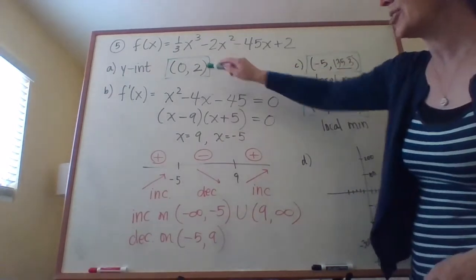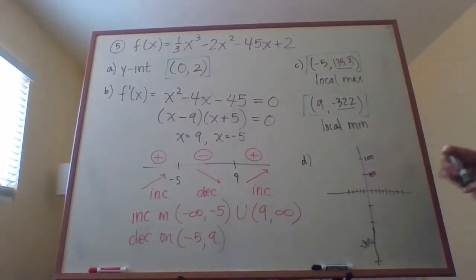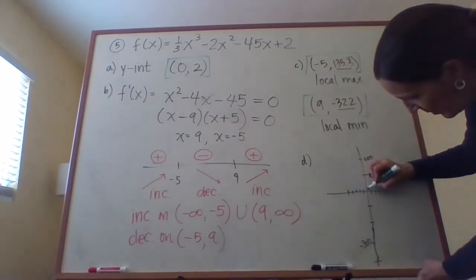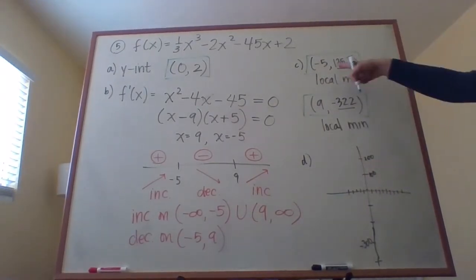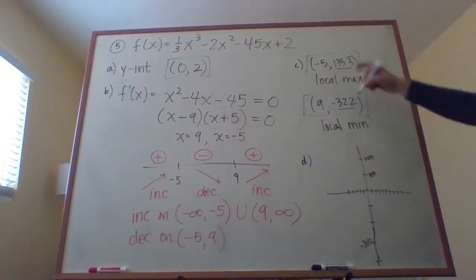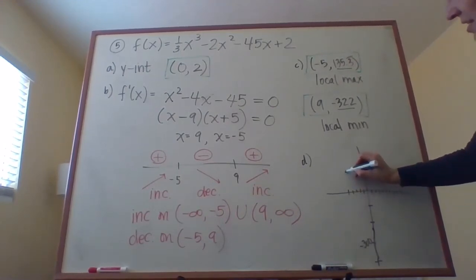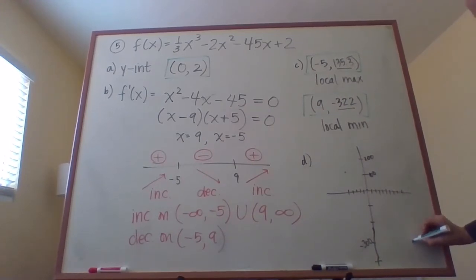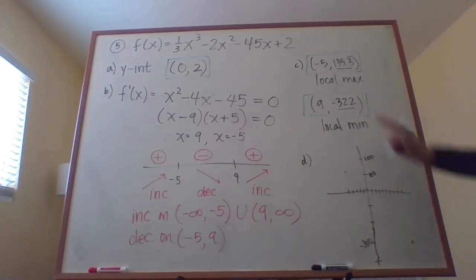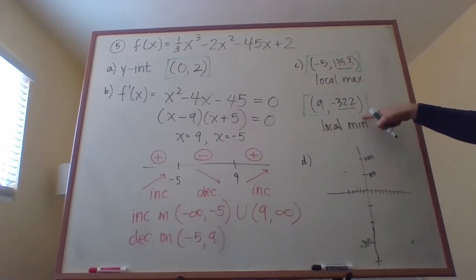And so a y-intercept of 2, when this is 100, is going to be pretty much right here, barely off the origin. Now the point (negative 5, 135.3) is going to be somewhere about there, more or less. And (9, negative 332) is going to be somewhere down here. Okay, now I know that's a local max, and this is a local min, and there's a y-intercept.